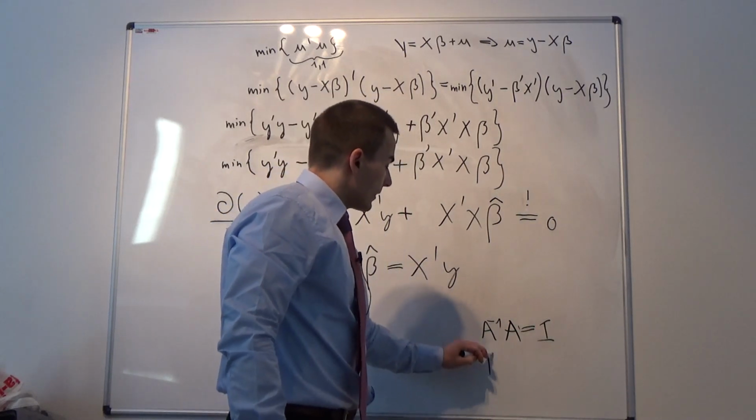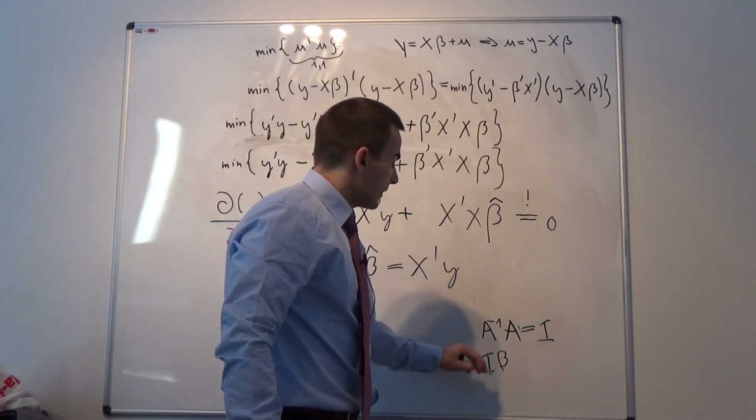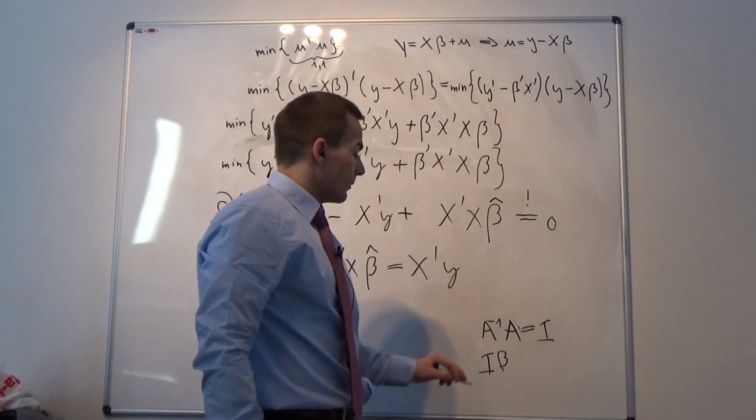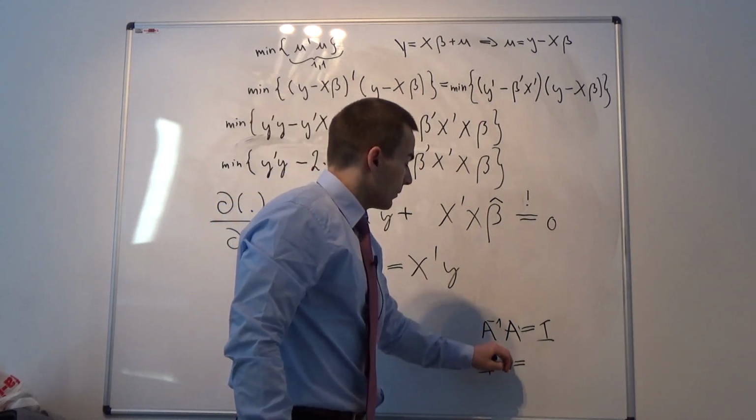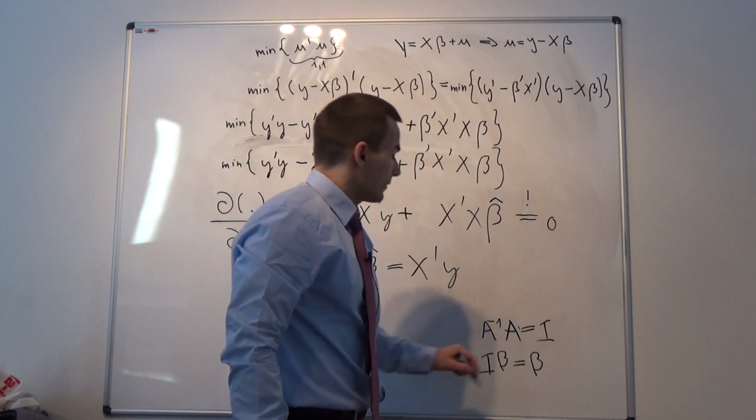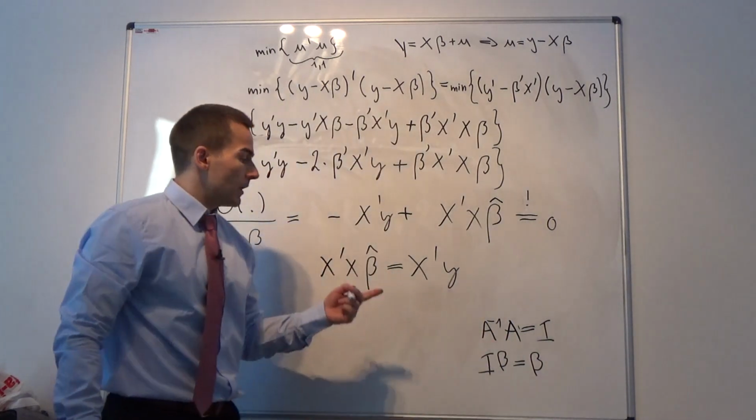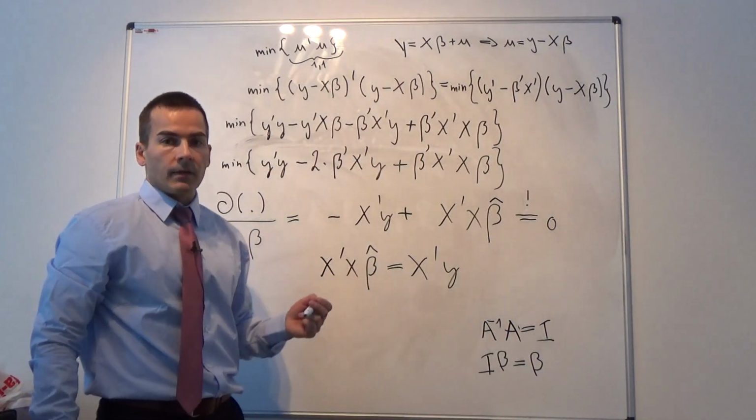And any matrix B that we multiply with the identity matrix is the same matrix. So the identity matrix doesn't change anything.